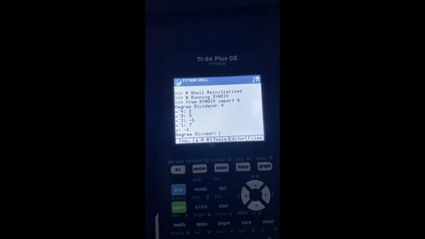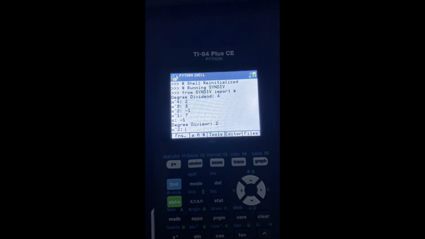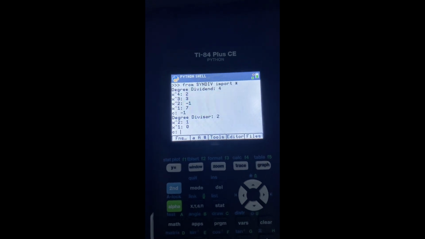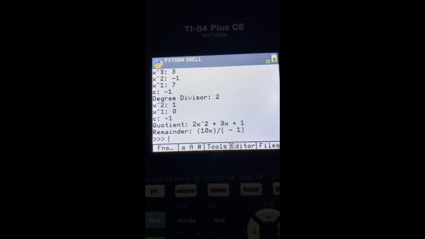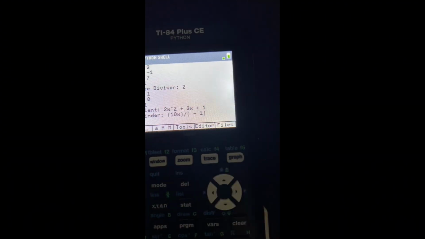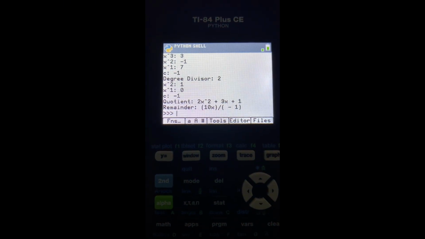There we go. And then the divisor degree was 2, 1, 0, and -1. And you get the same answer. And it's formatted similarly to how it was in Visual Studio. It's just easy to visualize.